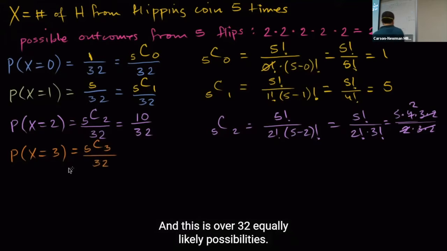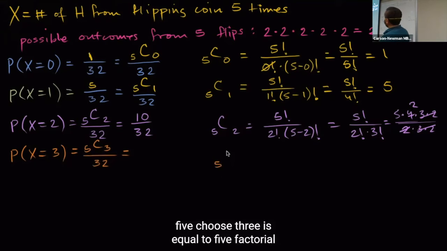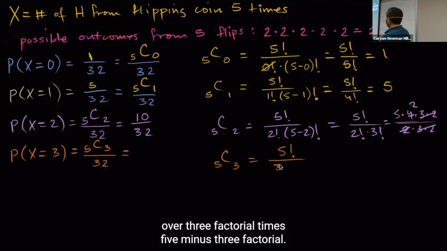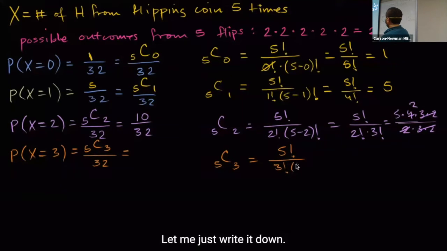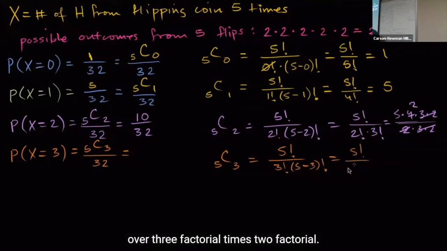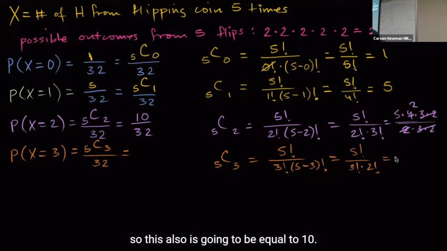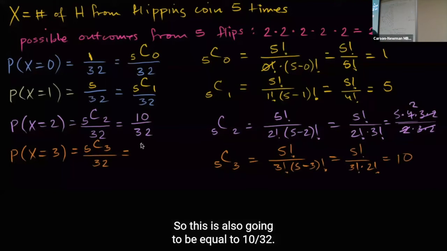This is over 32 equally likely possibilities. 5 choose 3 is equal to 5 factorial over 3 factorial times 5 minus 3 factorial, which is 5 factorial over 3 factorial times 2 factorial. Well, that's exactly what we have up here. We just swap 3 and 2. So this is also going to be equal to 10, so 10/32.